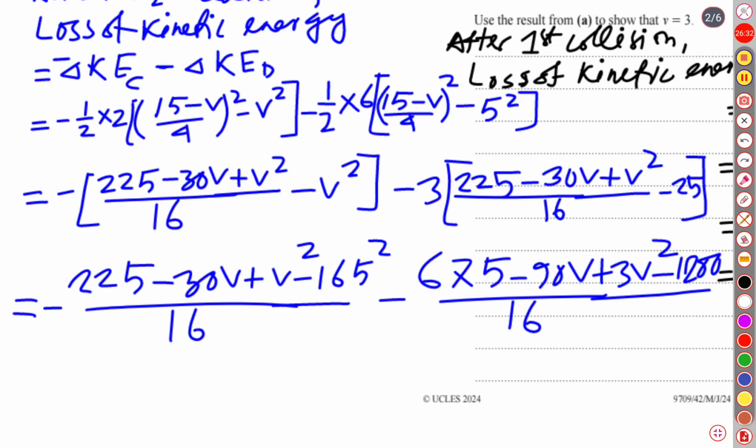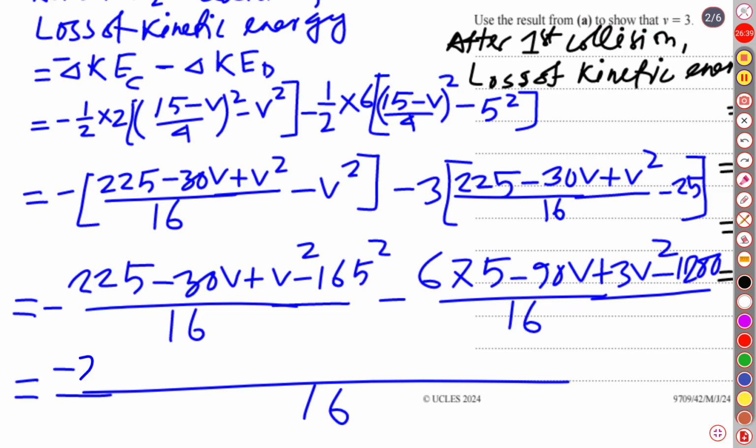After that, negative 225 minus 30v, and then negative and negative will be positive 15. It was 16v square minus v, not 5. So 16 minus 1 is 15, and negative, negative, positive 15v square.